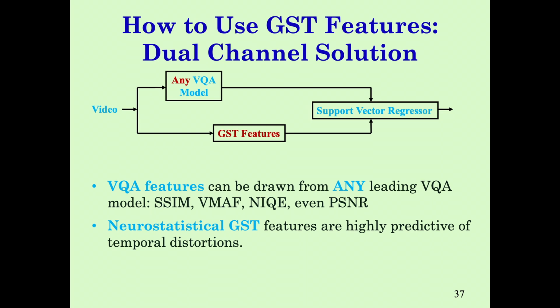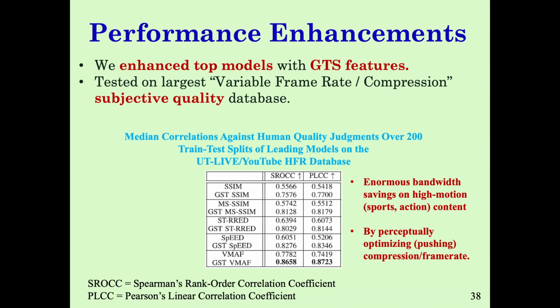These are some famous algorithms, both SSIM and multi-scale SSIM, RED models, SpEED, and of course VMAF. In each one of these blocks, you see an uptick in performance on a database that we constructed with YouTube variable frame rate videos, a significant uptick in correlation with human quality judgments.